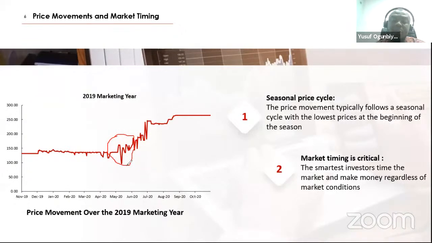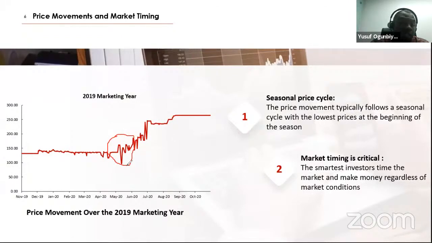But if you are following the market, you are conversant with the market, you'll be able to say this is a good time for me to enter the market, because you must have done your research. You've confirmed that probably we are in a deficit or a surplus, or the policy is in your favor, or the weather condition during the production season was not enough.